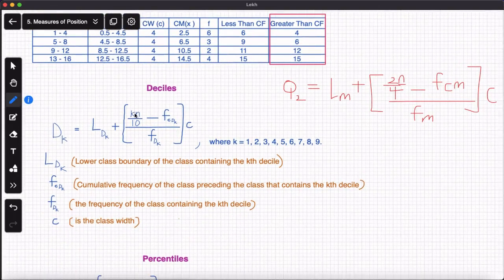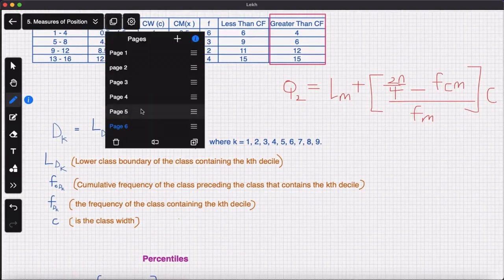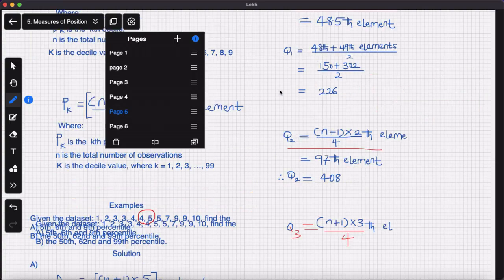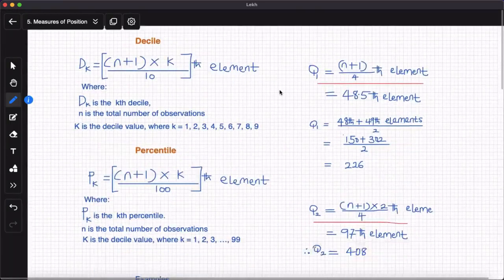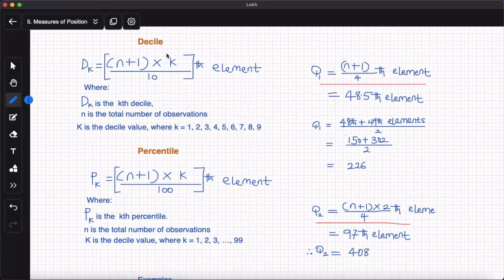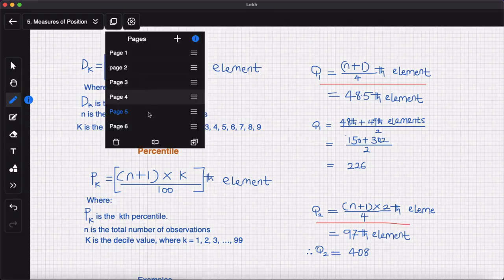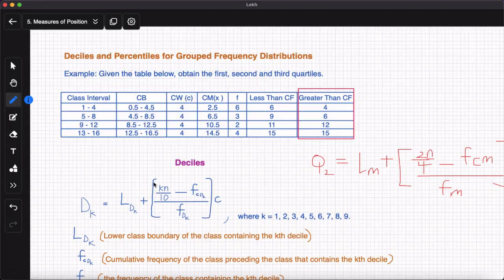Now the only difference, so don't forget what we just finished looking at. Just remove this out of the whole thing, then you have n multiplied by k divided by 10. So that's what you're going to have here: n multiplied by k, that's k multiplied by n, the same thing, divided by 10.